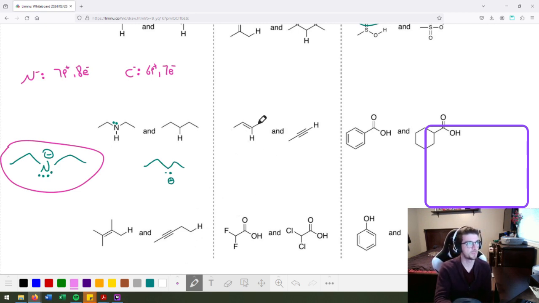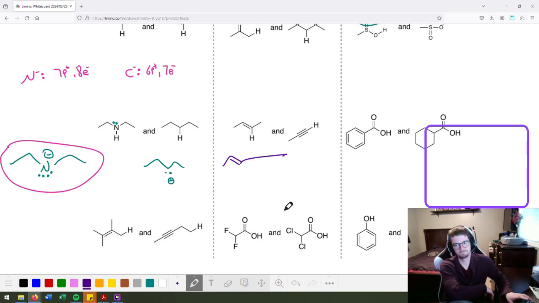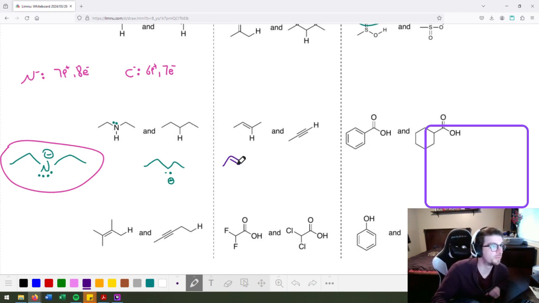Okay, so here we've got a proton on an alkene and a proton on an alkyne. So the conjugate bases here are... that was a very long bond, and that was not chemically accurate.